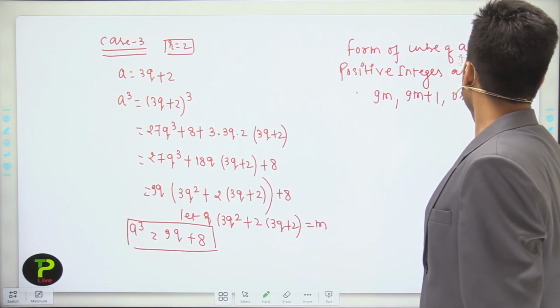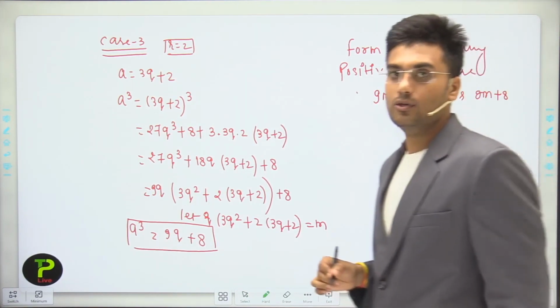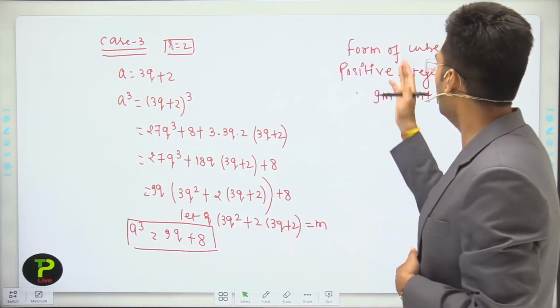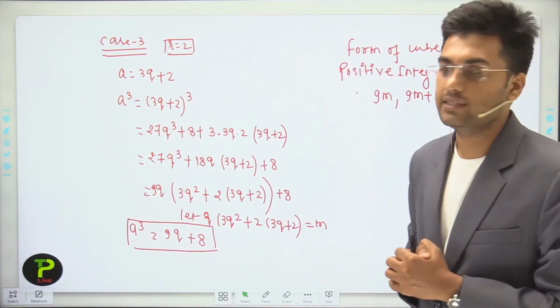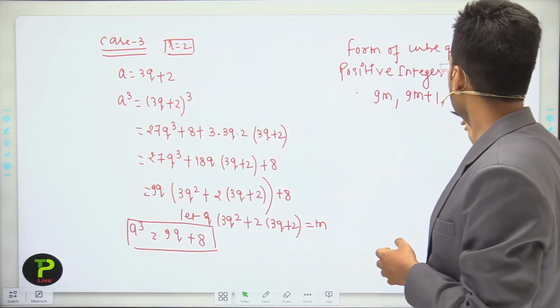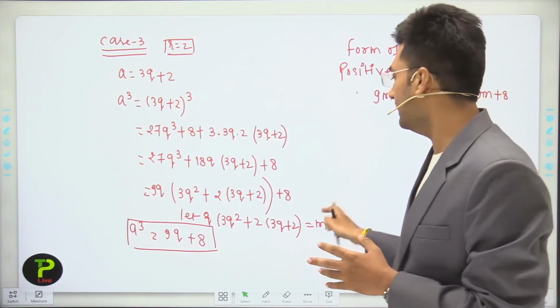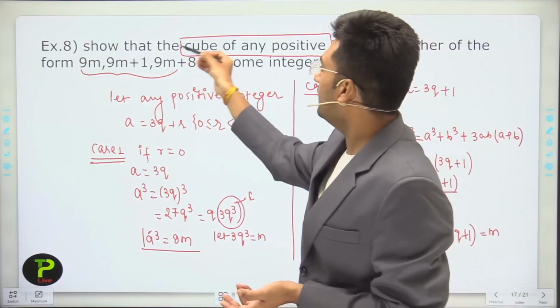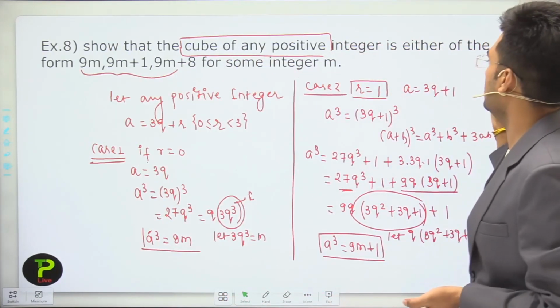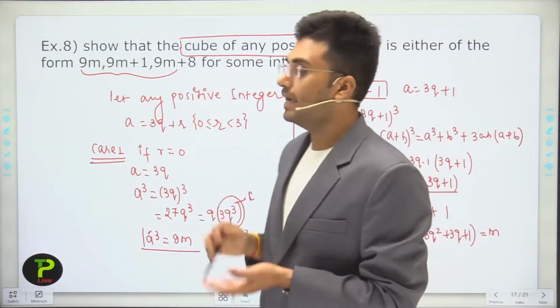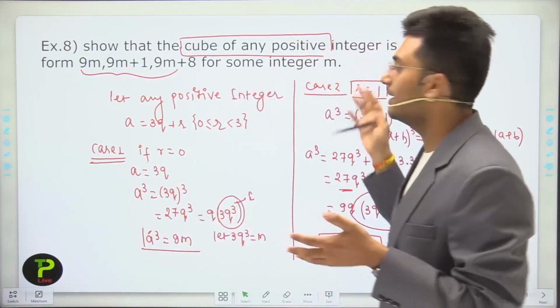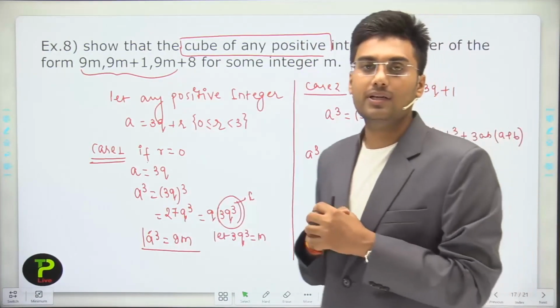So we prove that the cube of any positive integer is 9m, 9m plus 1 or 9m plus 8, and this is our question: show that the cube of any positive integer is either in the form of 9m, 9m plus 1 or 9m plus 8. So I hope you understand the question.